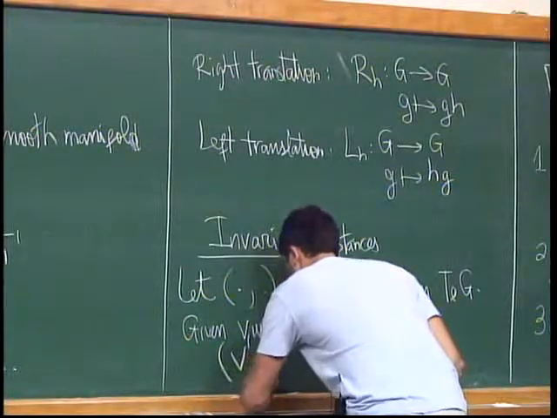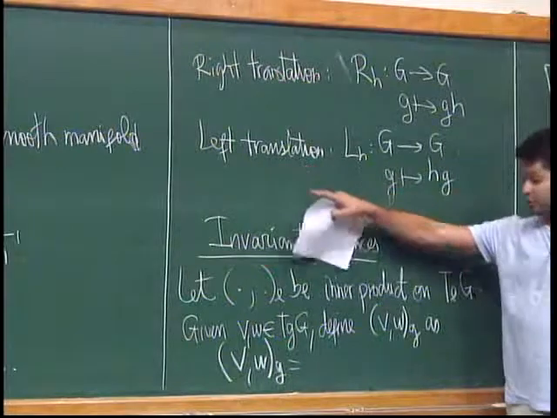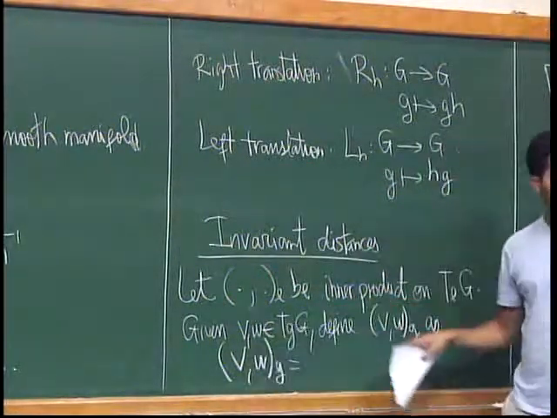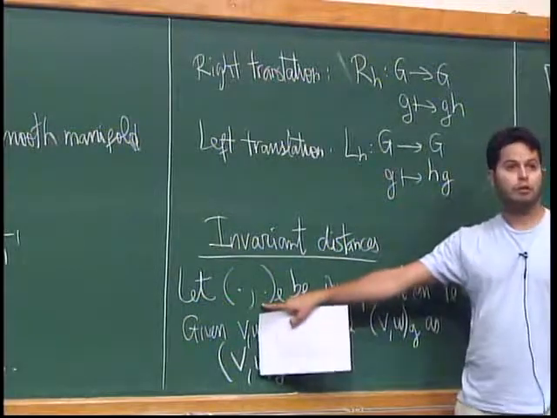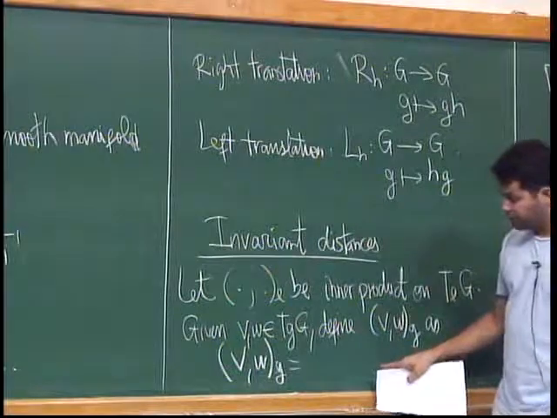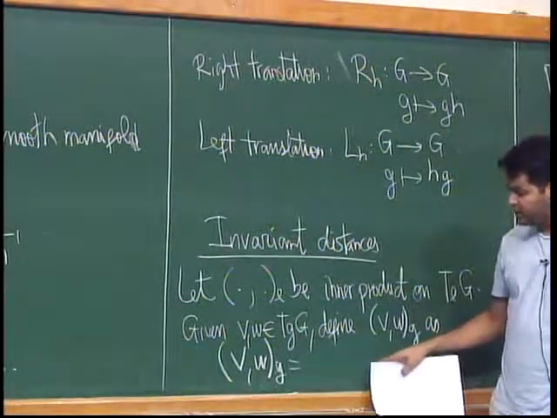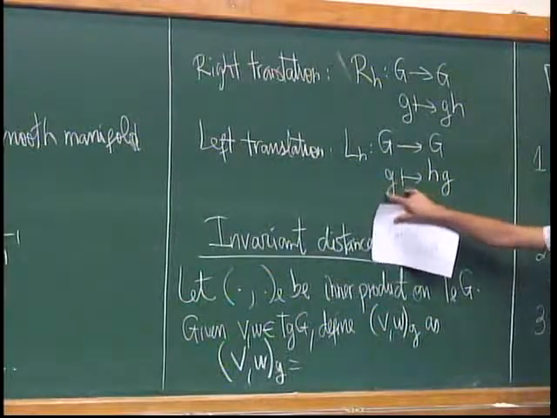So what you do is use the left translation to send these two vectors back to the identity, because at the identity you know how to consider inner products. So if you want to put these guys back to the identity, you should apply the left translation by g^{-1}.